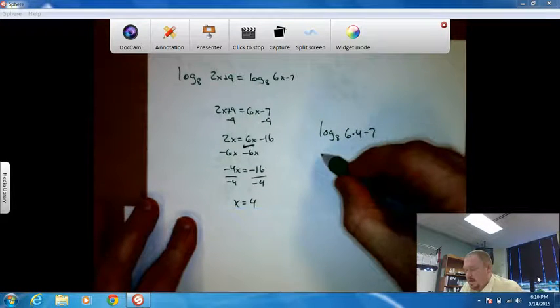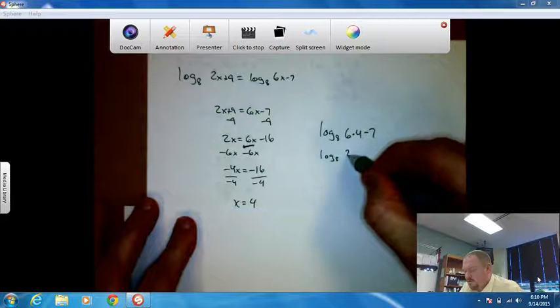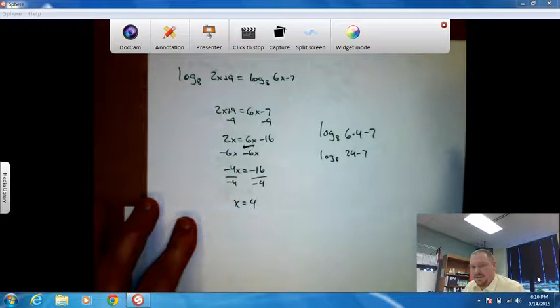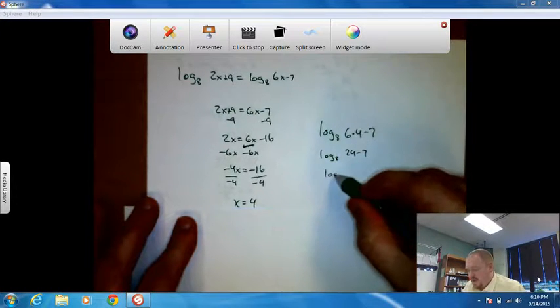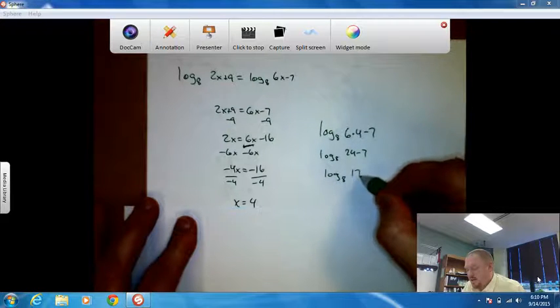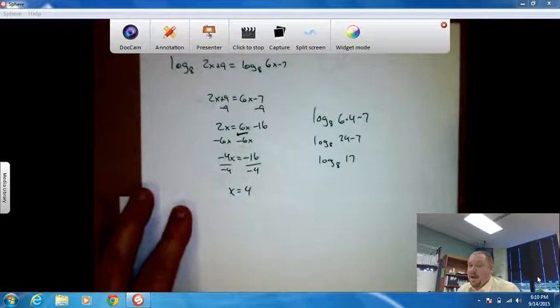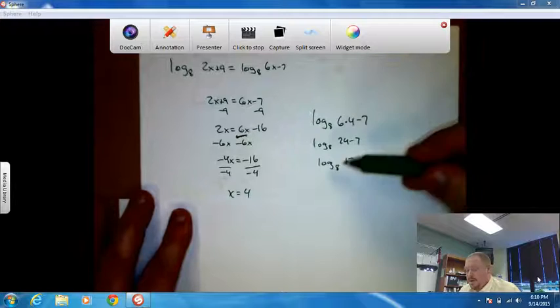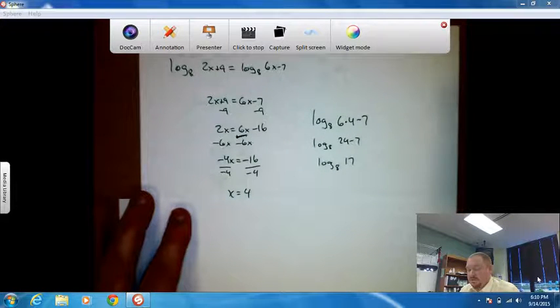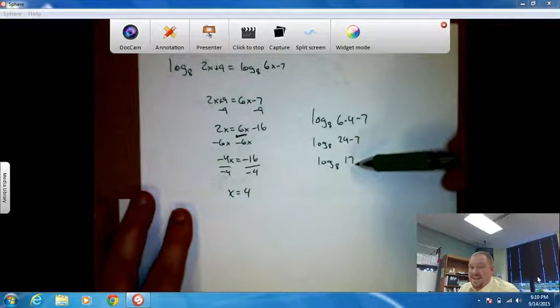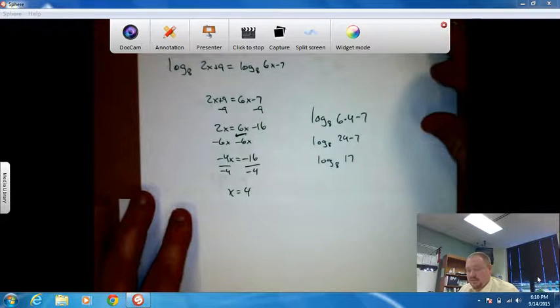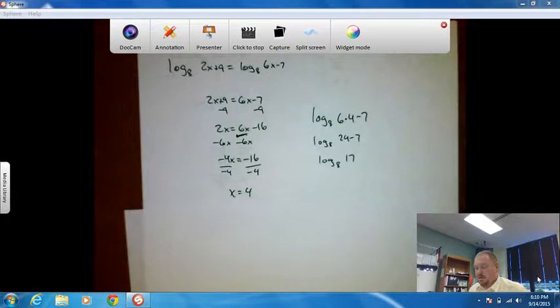Well, 6 times 4 is 24 minus 7. And 24 minus 7 is 17. I don't know what the log base 8 of 17 is, but I know that's not negative, so I can do it. This answer exists. So that's the simplest log equation.